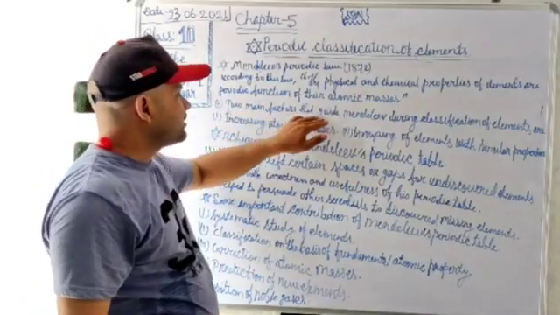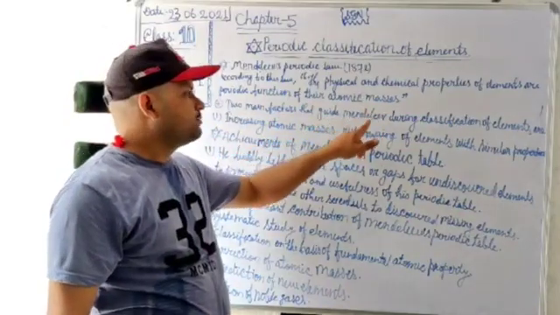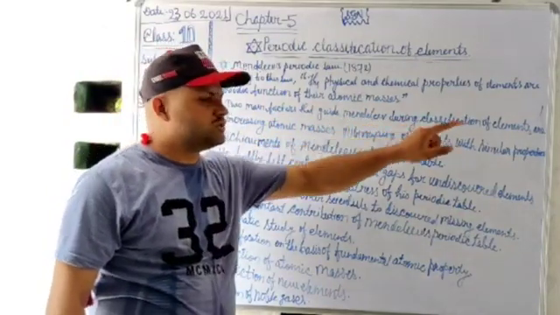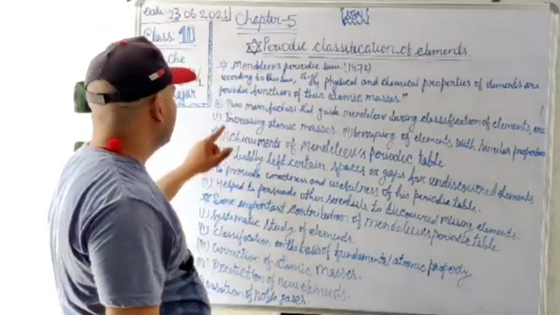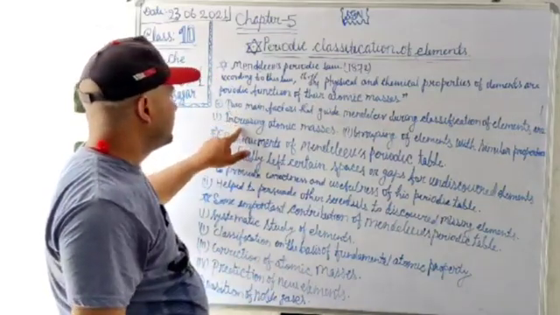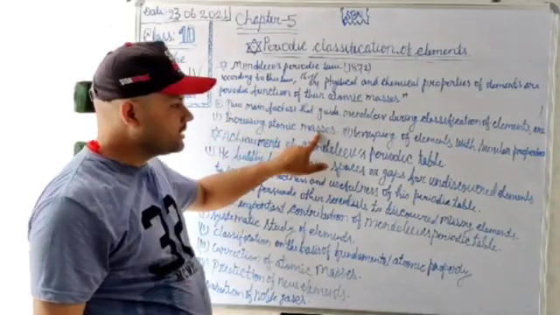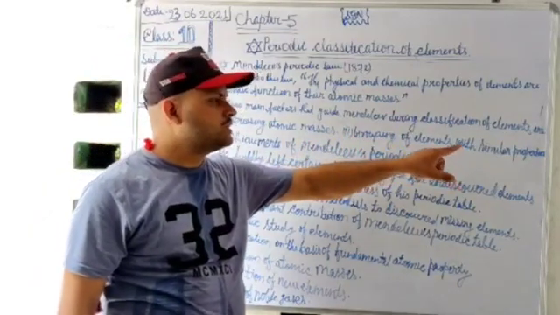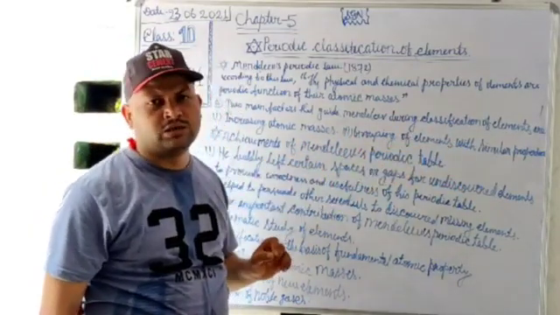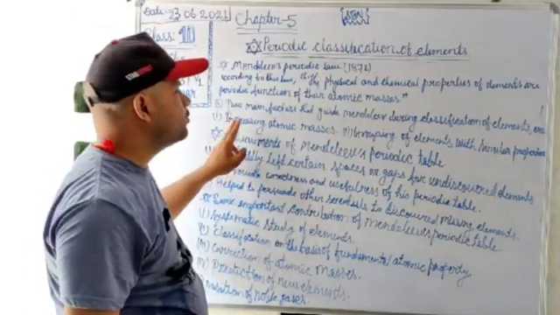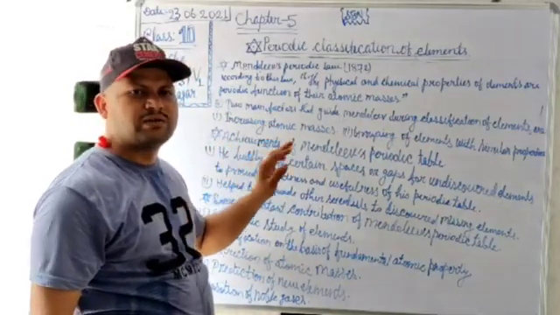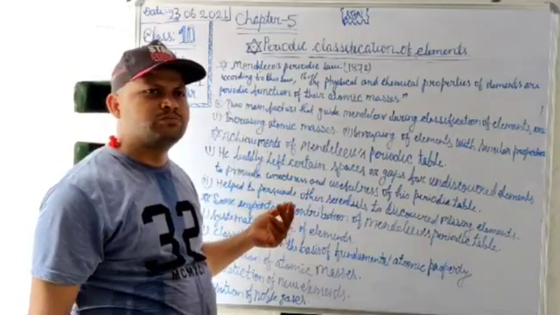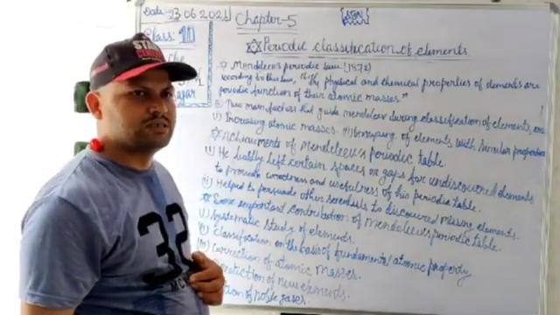The two main factors that guided Mendeleev during classification of elements are, first, increasing atomic masses, and second, grouping of elements with similar properties. So these are the two factors that affected Mendeleev's periodic classification.